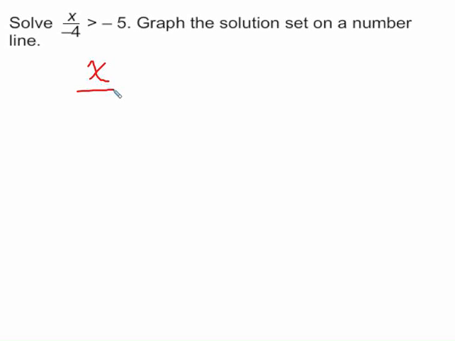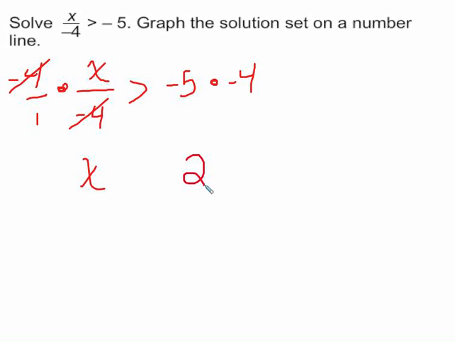This one asks us to solve and graph. So again, if you feel confident enough to pause the video at this time, go ahead and pause the video. I'm going to need to multiply by negative 4 on each side to isolate the variable. I know negative 4's are going to cancel out, leaving me 1x, and I'm positive 20.